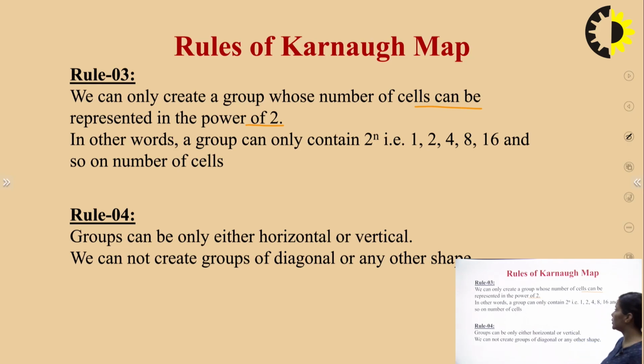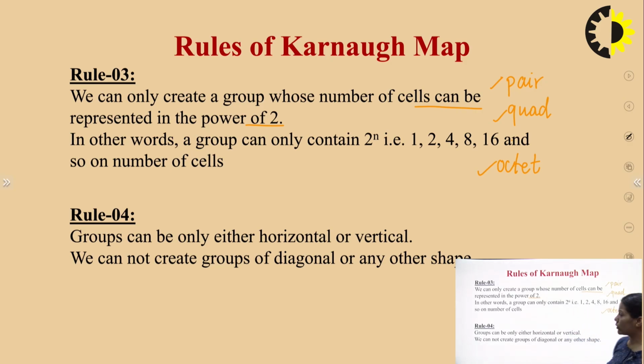A group of 2 is a pair, a group of 4 is a quad, and a group of 8 is an octet. You can also group 2 octets. So in this way you can make groups in powers of 2: 2 raised to power 1, 2 raised to power 2, 2 raised to power 3 and so on.